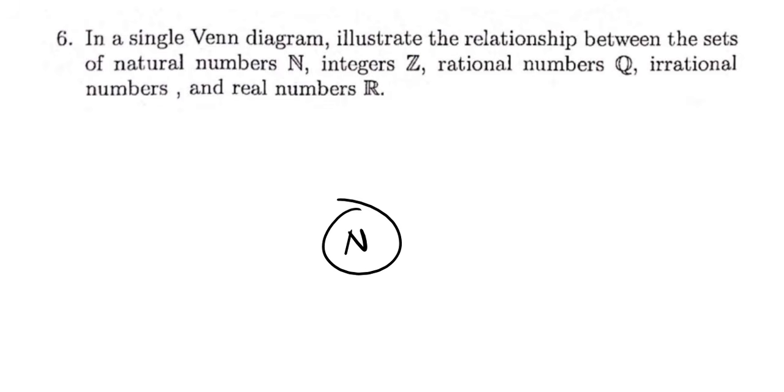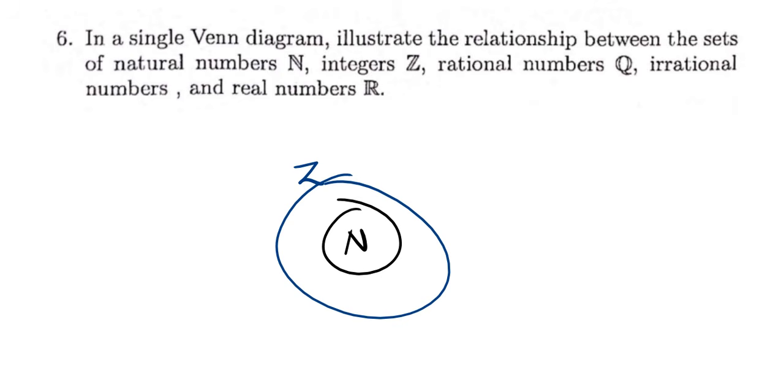Then we're going to move to integers, because integers do not only include 1 going to positive infinity. Integers are also going to have negative numbers. So I'm going to put Z there for integers.